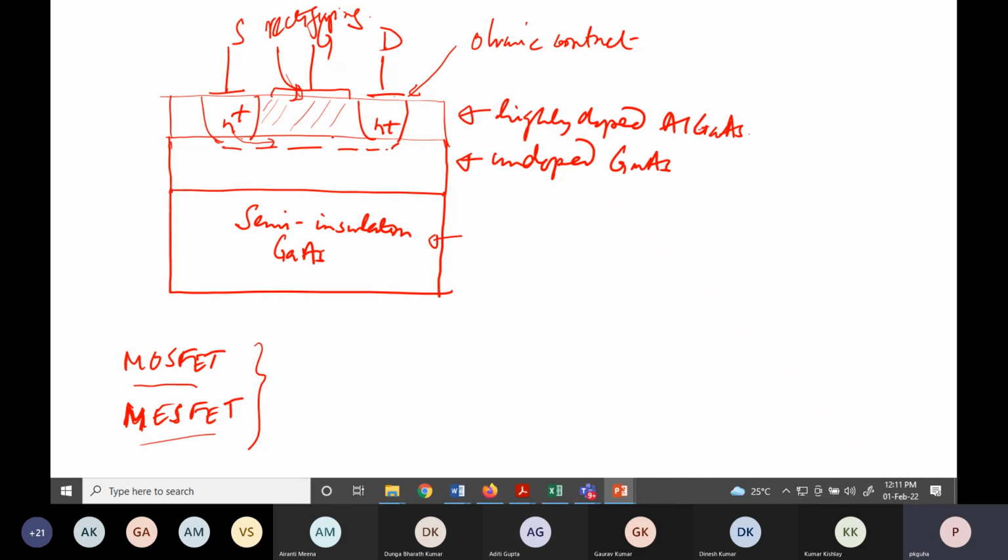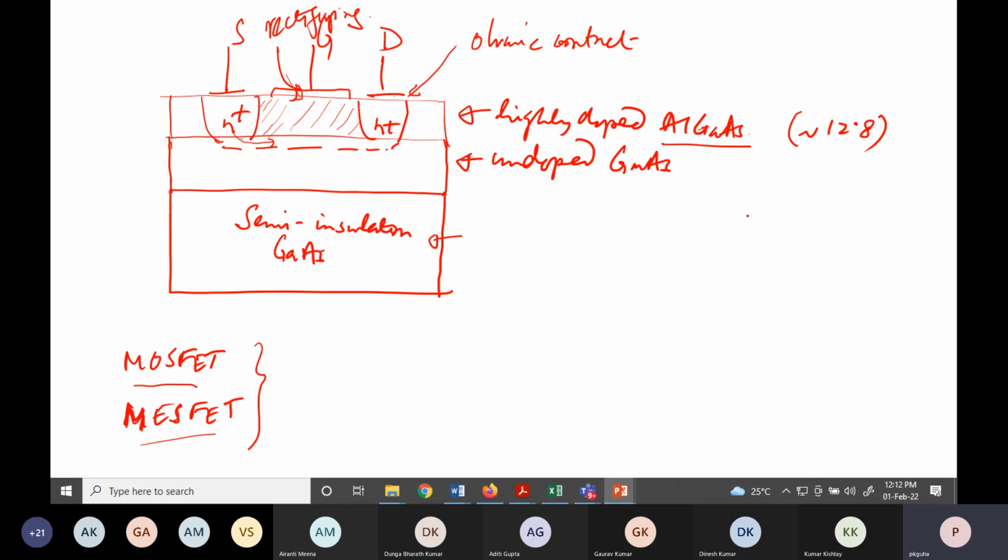Through this channel. So if we manage to deplete this entire portion, then you see it acts as a MOSFET kind of structure. So this entire portion is then depleted. Now the dielectric constant of aluminum gallium arsenide is around 12.8, whereas you remember the dielectric constant of SiO2 is around 4.